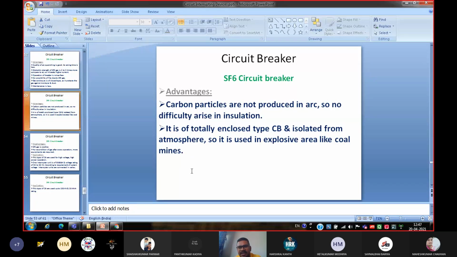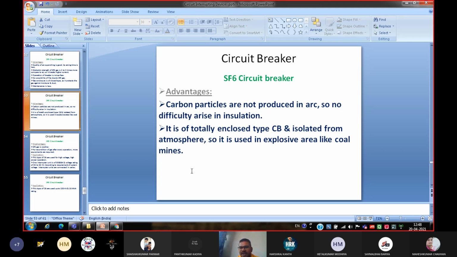Okay, so here in SF6 circuit breaker, what happens? Carbon particles are not produced in the arc, so no difficulty arises in the insulation. So insulation level will not be reduced in this circuit breaker.